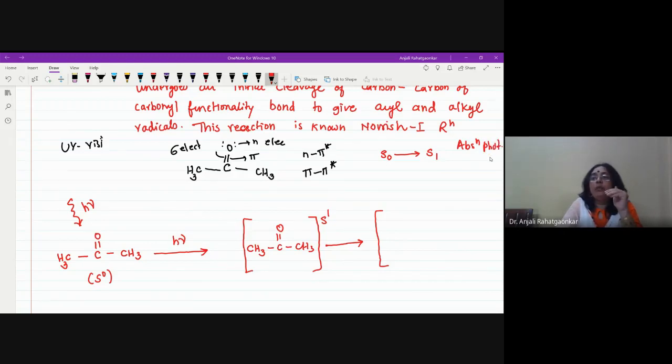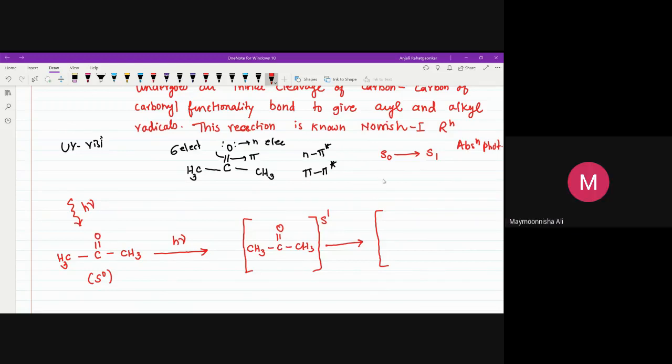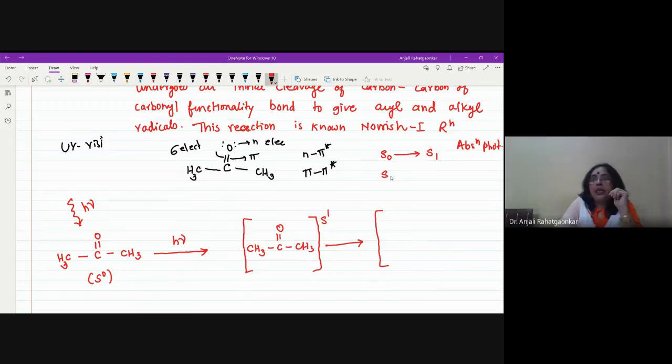I taught you that diagram the other day. Then the second possibility is S1 to T1, where T1 means the triplet state.